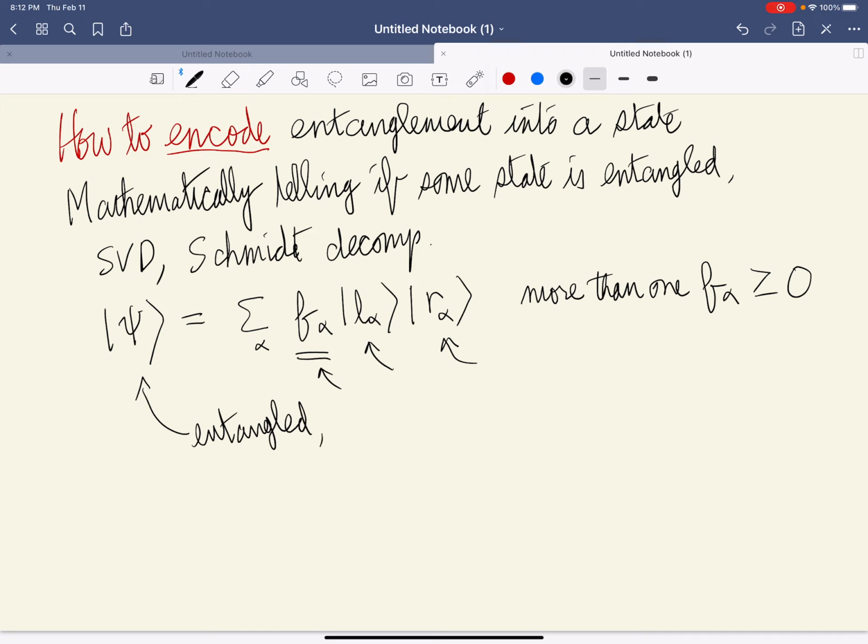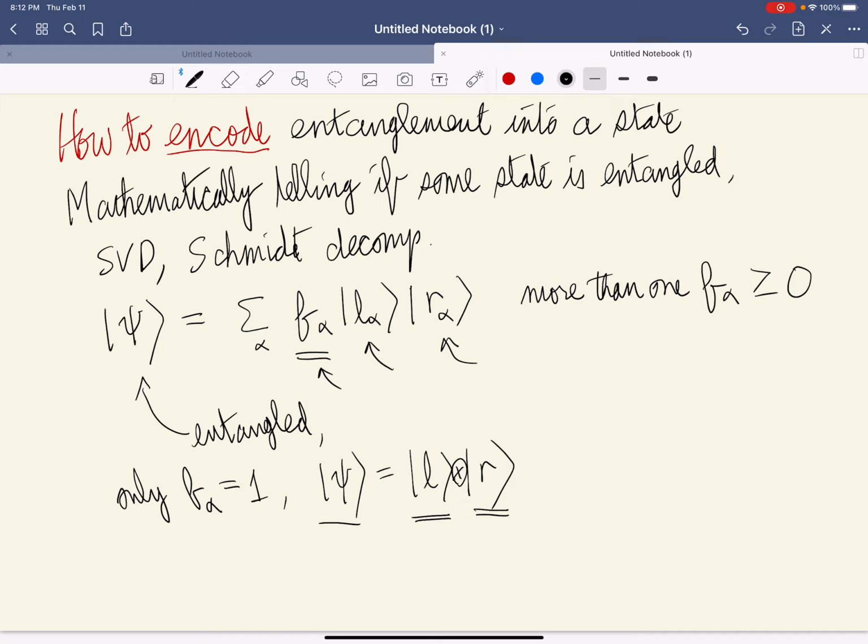And otherwise, if only one f alpha is non-zero, then it's pretty obvious that we have just succeeded in transforming a many-body state into a product of a state that resides on the left side of the system, and another state that resides on the right side of the system.